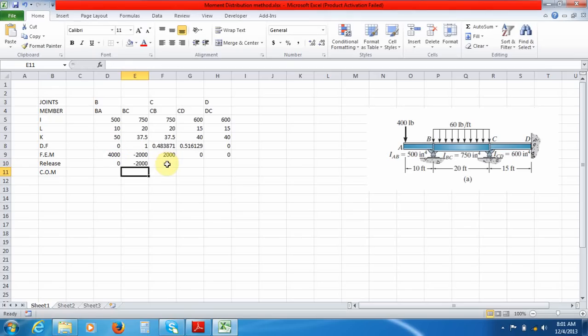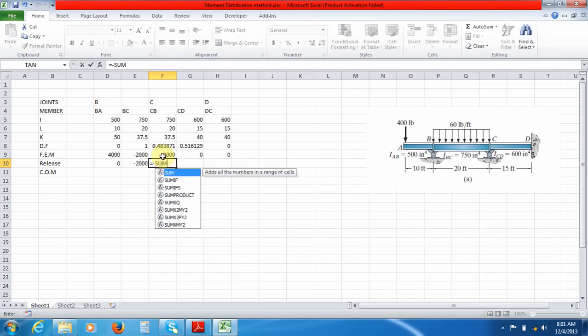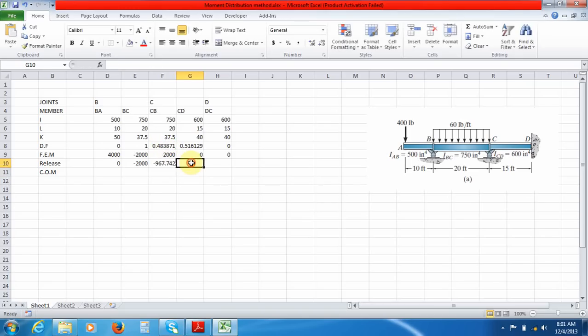Press enter. Now for this one, with members CB and CD, taking joint C, equal to negative sum of these two into its distribution factor of CB, and fix it by pressing F4. Enter.